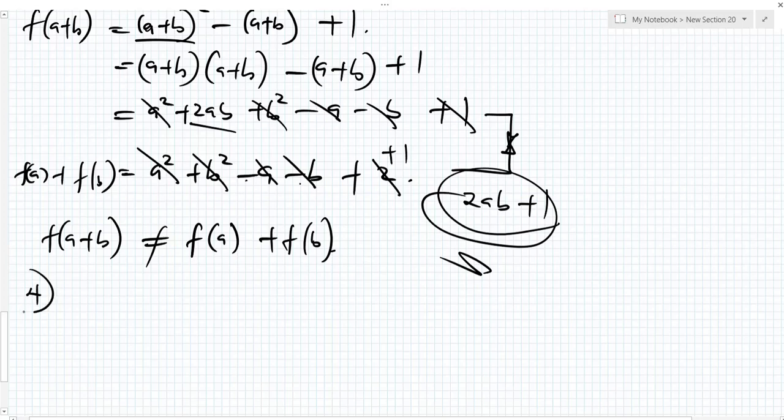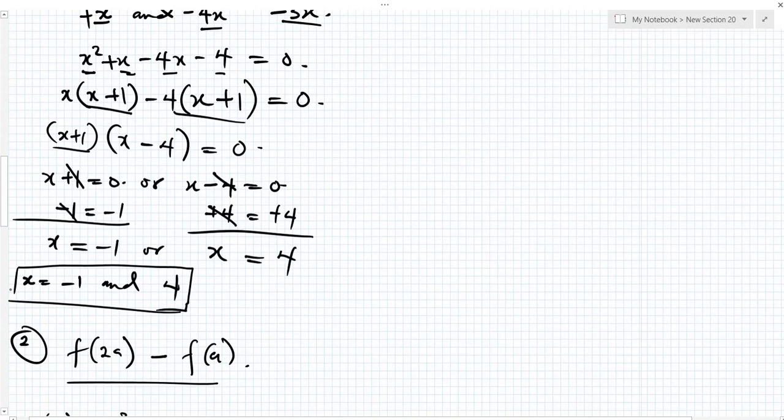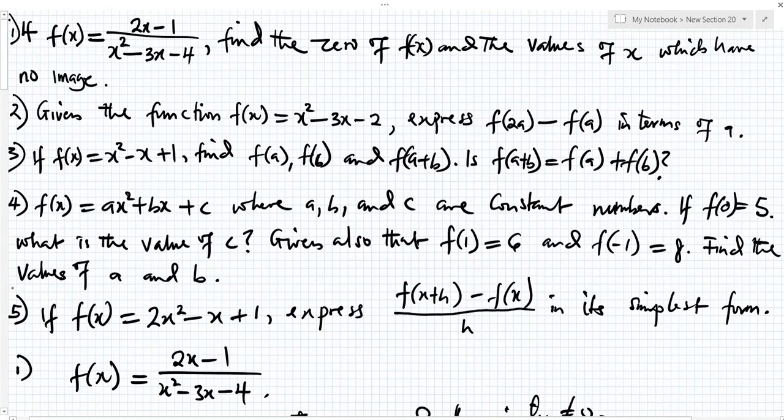Now let's go to number 4. Had it been a linear equation, it would have been the same, but it's not the same because you have the x squared, it is a quadratic equation, that is why it's not the same.